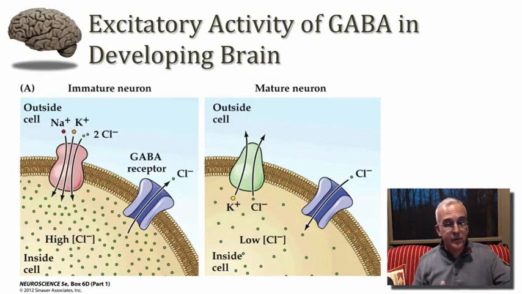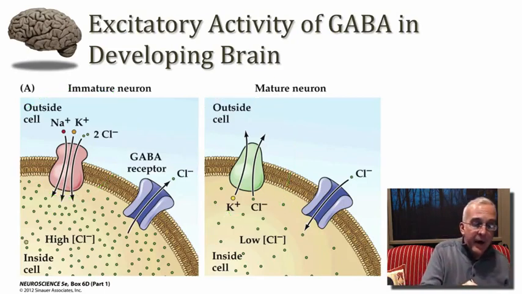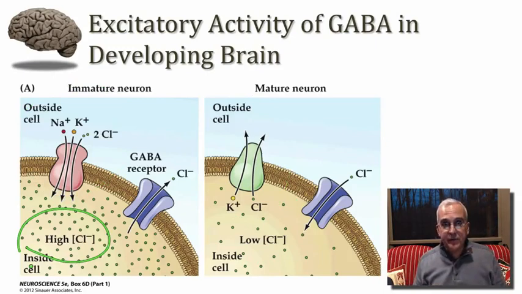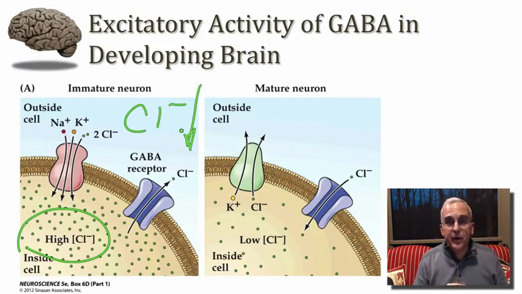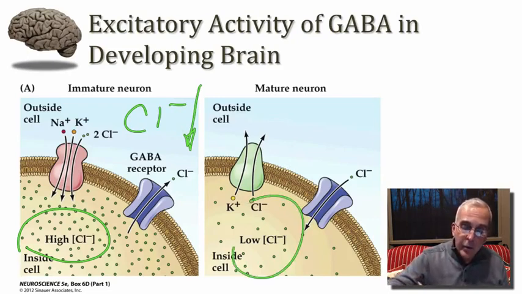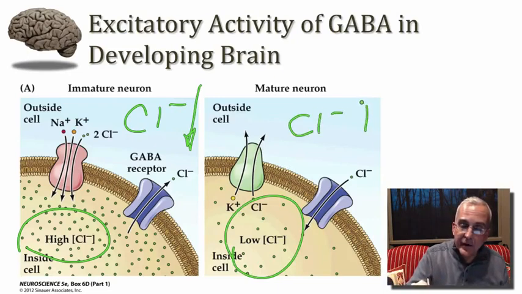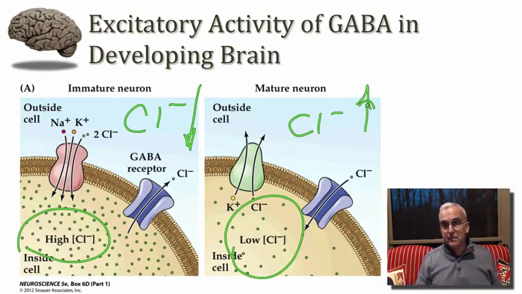So in an immature neuron, we typically have high chloride concentrations in the cytoplasm and low chloride concentrations in the extracellular spaces. But once this gene switch is turned on and a different type of transporter is inserted into the membrane as the neurons develop in postnatal life, now we have low chloride concentrations within the cytoplasm and much higher chloride concentrations outside of the cell.